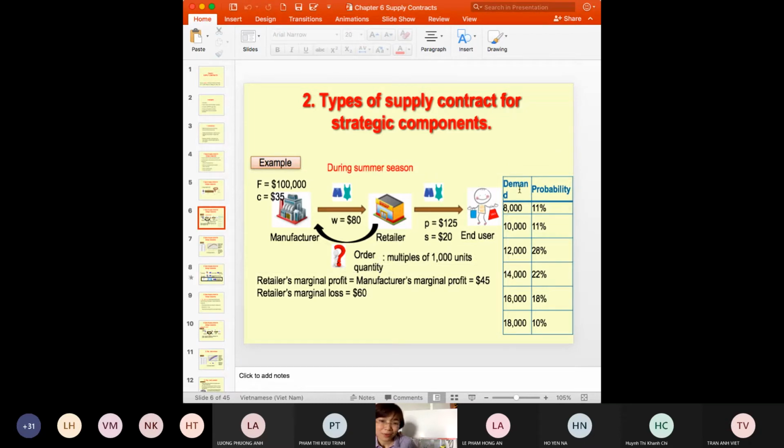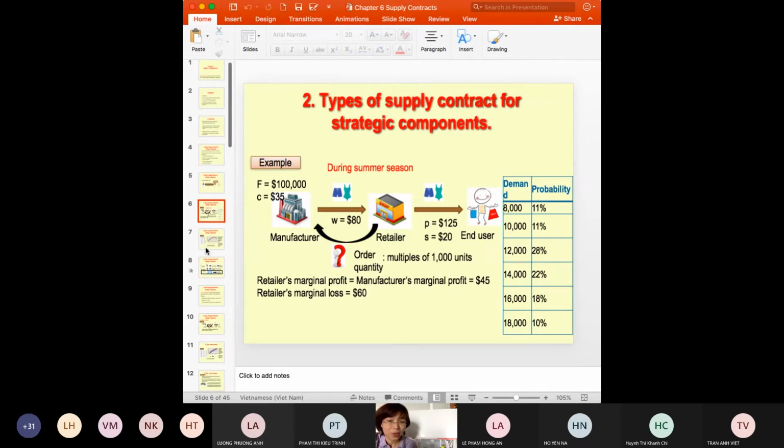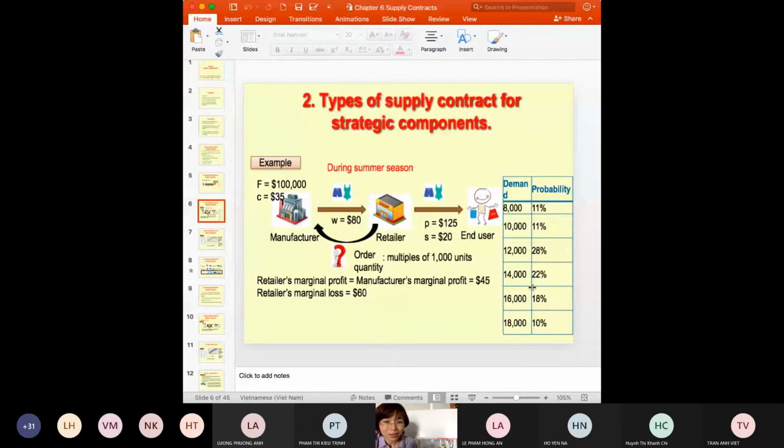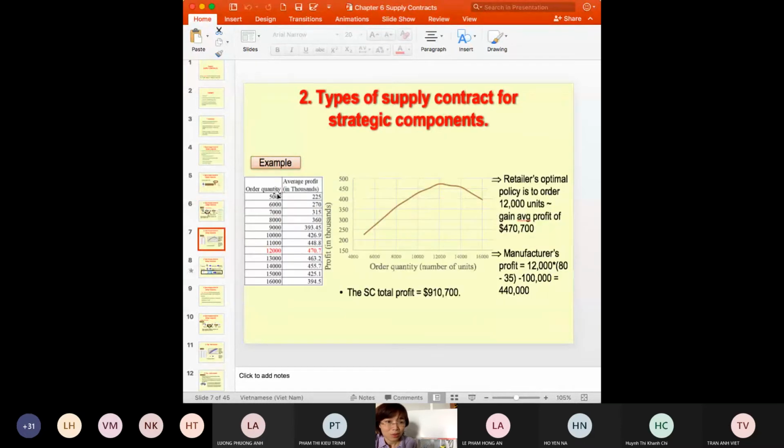So in here they provide the information for you, that is the demand and the probabilities corresponding with each demand. Let me show you here. You can see clearly from the probabilities, that is the information they collected. From this, they calculate the order quantity. The retailer considers, okay, if the order quantity is 5,000, what is the average?